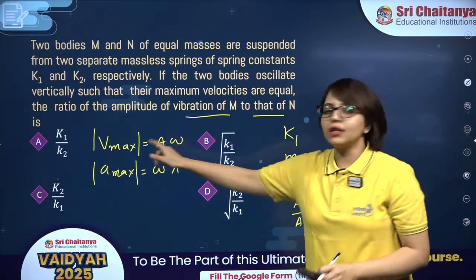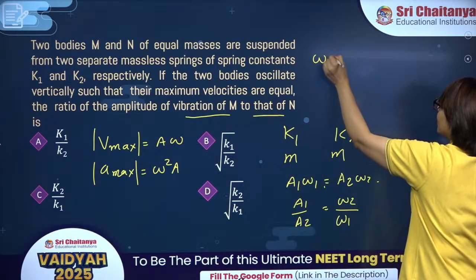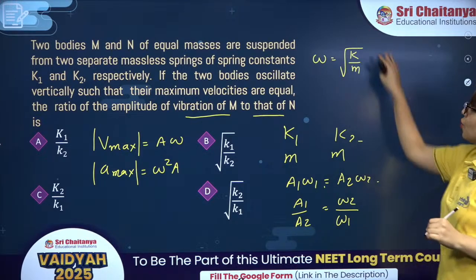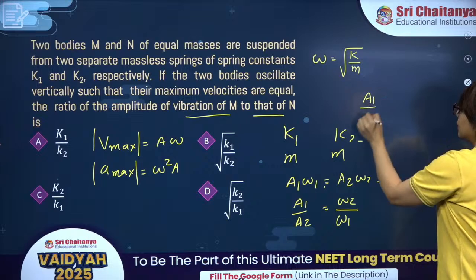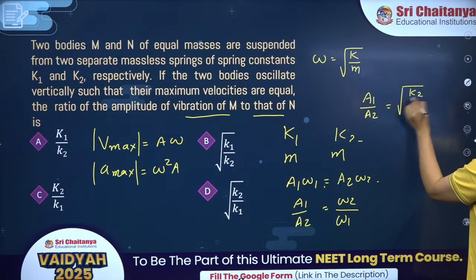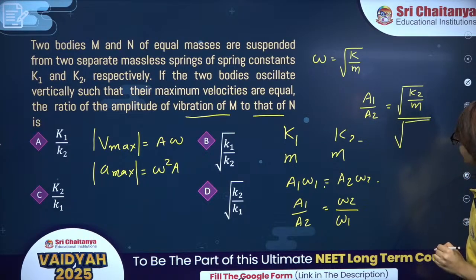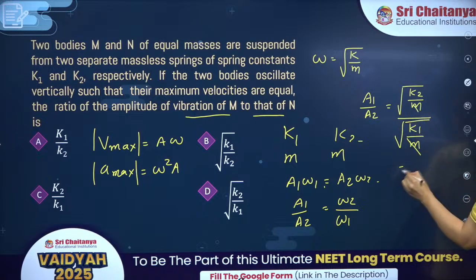But the answer is given in terms of K1 and K2. So what you can do? You can use this one: omega is under root of K by M. So if you put it here, omega 2 will be under root of K2 by M and omega 1 will be under root of K1 by M. M cancels, so we have under root of K2 upon K1.